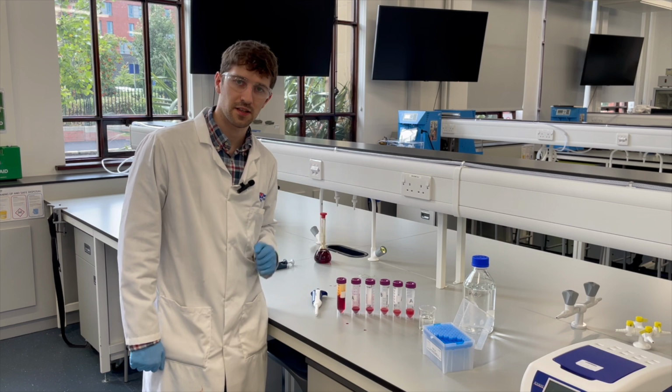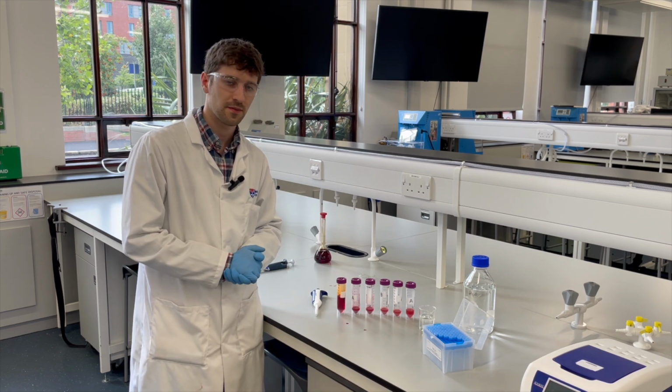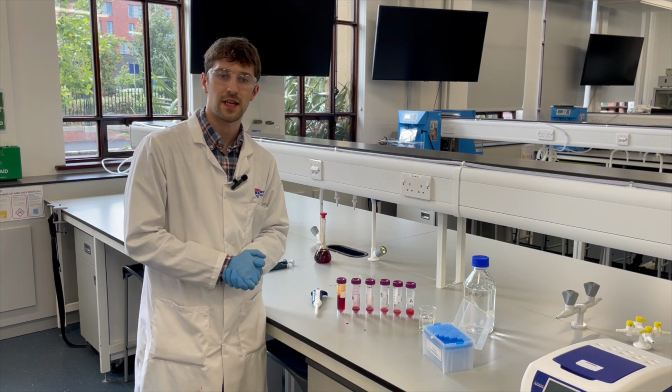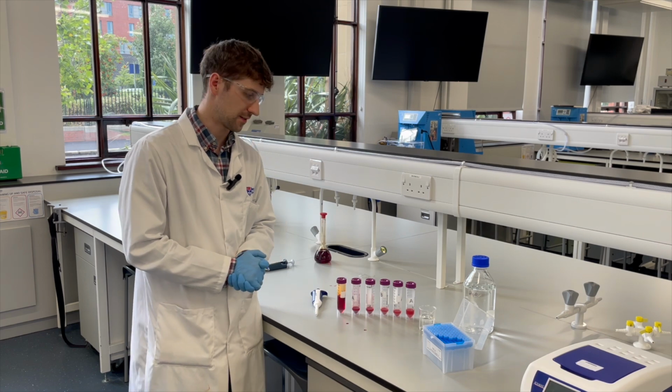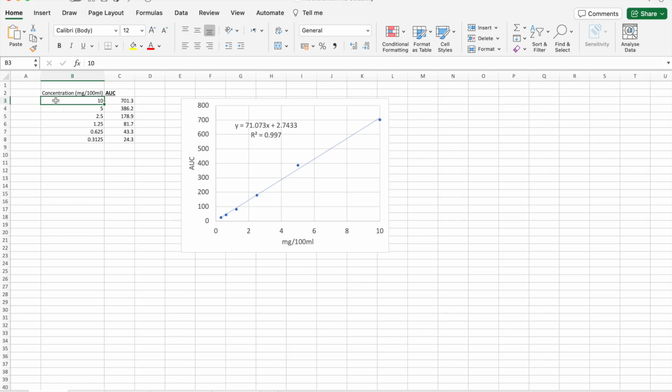I'm going to place these into the spectrometer, record the results, and then we're going to see how we approach analysis. In this example, I'm using an HPLC system, and when I measure the behavior of a drug compound in solution using that HPLC system, it will give me a value of the area under the curve.